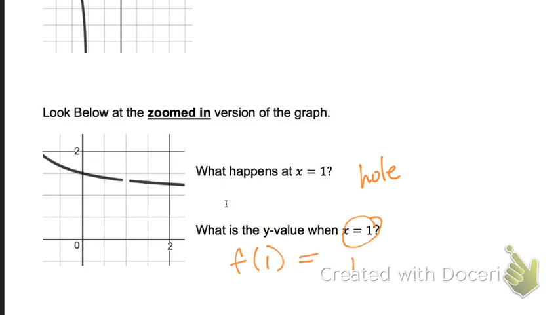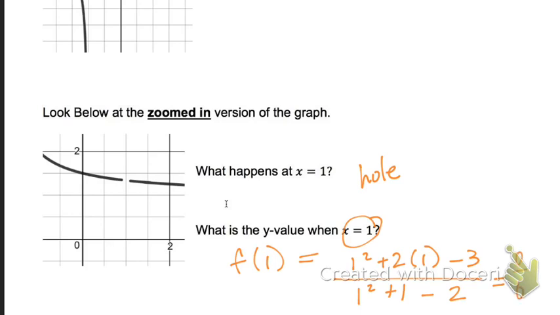We've got 1 squared plus 2 times 1 minus 3 over, I'm just plugging it into the original, 1 squared plus 1 minus 2. Zero over 0, right?